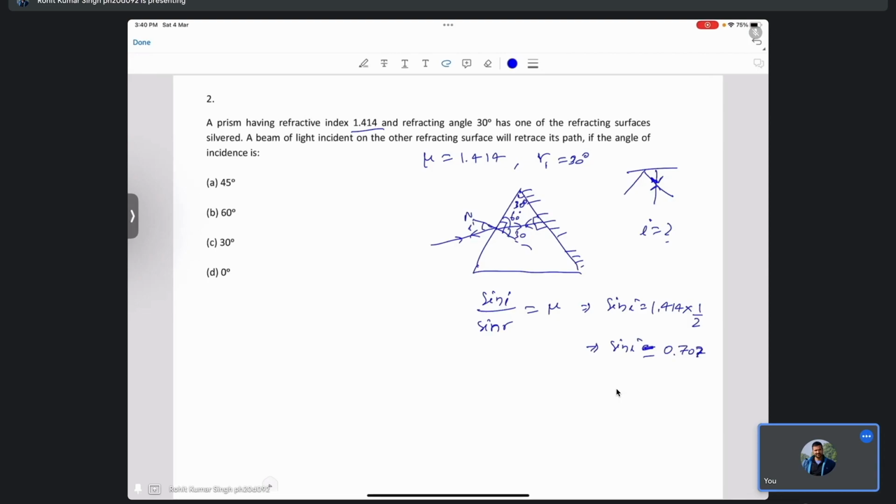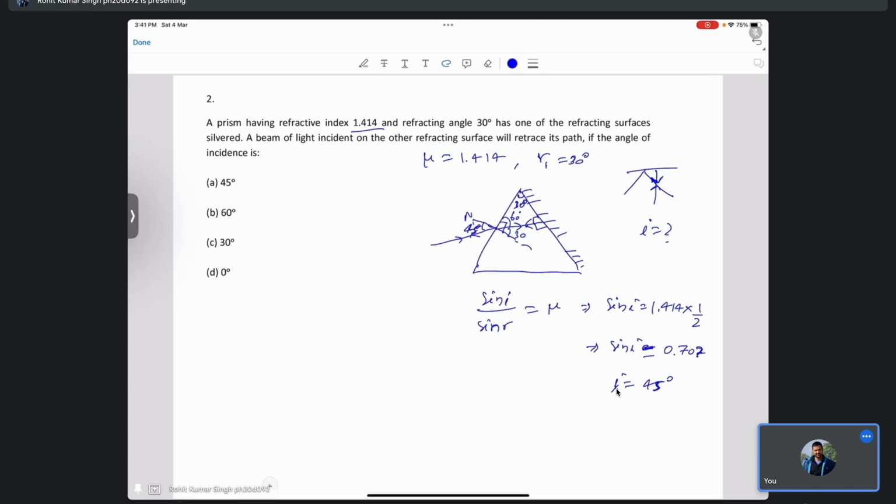Yes, that is correct. And this will give you i equal to 45 degree. You can calculate it on a calculator. So for the incident angle 45 degree, you will have the path of the light ray retraced.